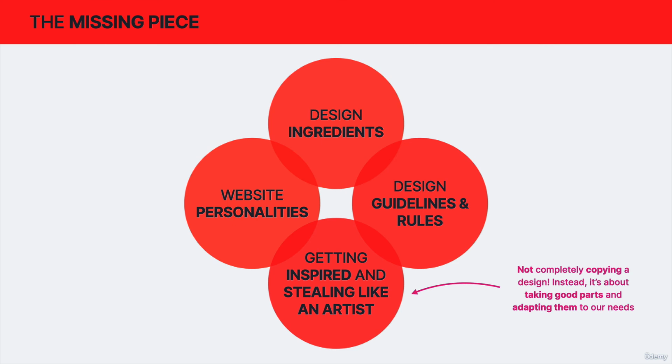So, getting a lot of inspiration from other well-designed sites is really, really important if you want to create your own design. And so let me show you now how I do that.